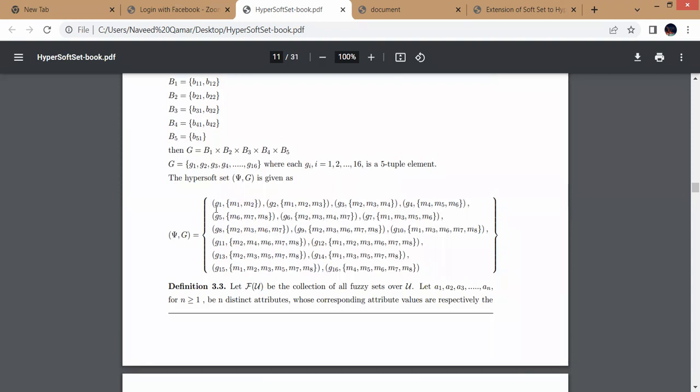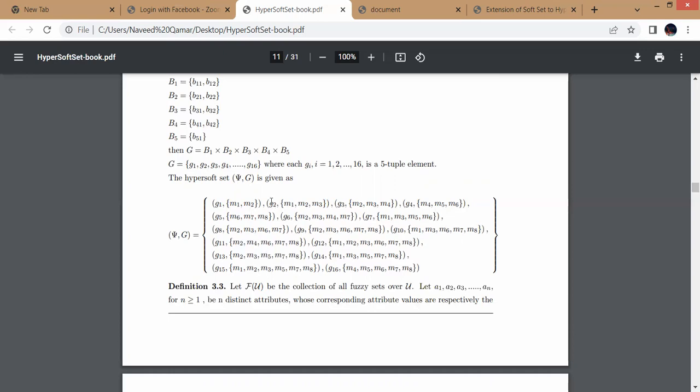G1 collection includes two mobiles which fulfill the properties. G1 properties means any kinds of properties he wants like B11, B21, B32, B41, B51. So only two mobiles, M1 and M2, have these properties.